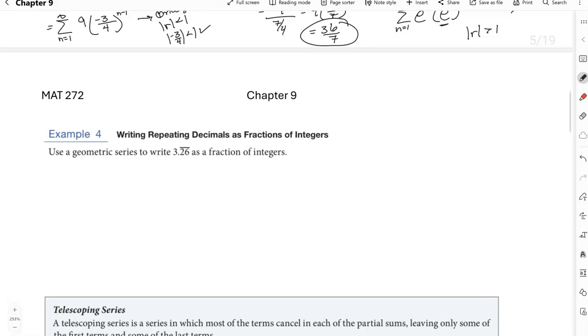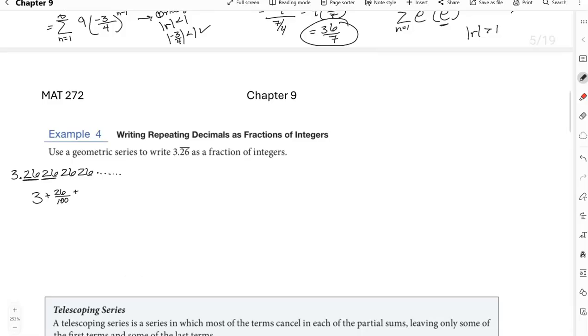So if we've got 3.26 repeating, that's 3.26262626 forever and ever and ever. So what are we adding to get to that? Well, we're adding 3. So that's where that number from the decimal is coming from. That 0.26, that first 26 group, we could write as 26 over 100.